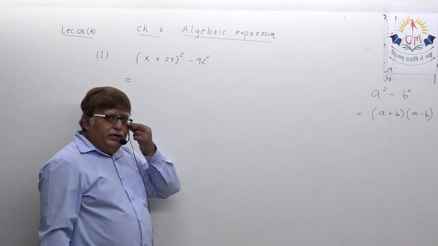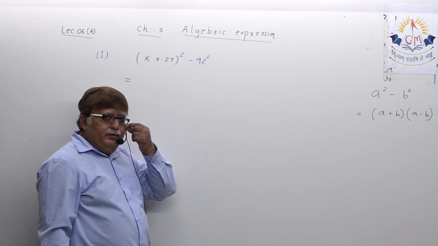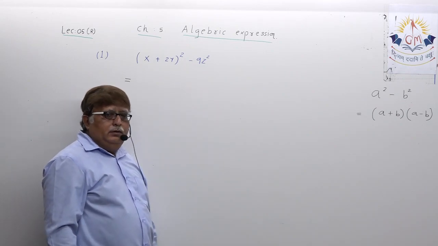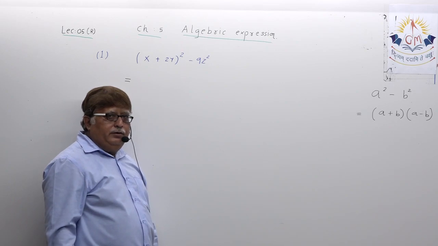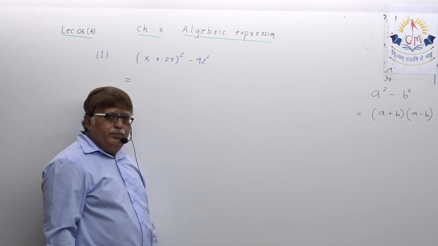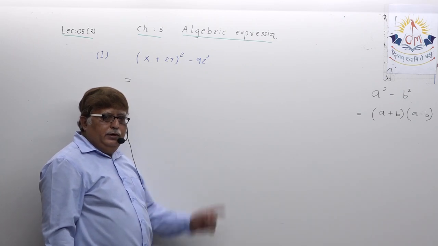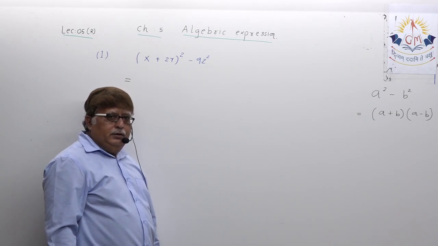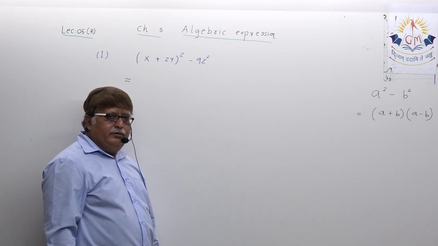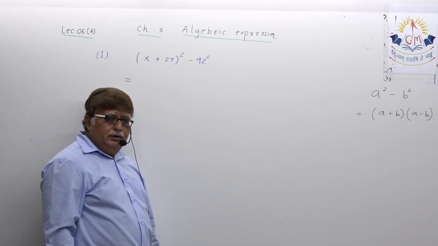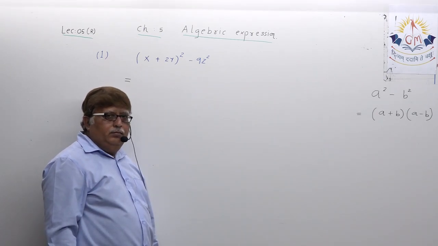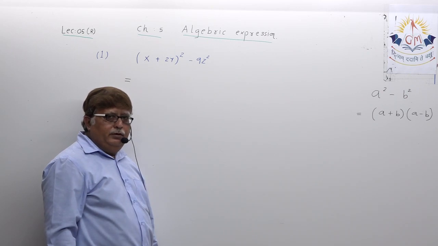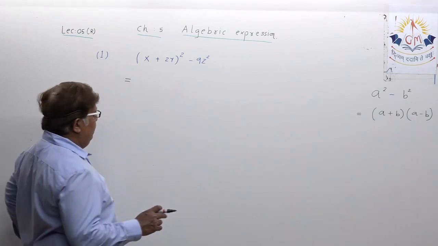When there is a bracket square, you can take its square root. 9z square, ultimately its square root is possible. And between the two terms there is a negative sign. So all necessary criteria apply here. Two terms, both are perfect squares, and in between the two terms there is a negative sign.